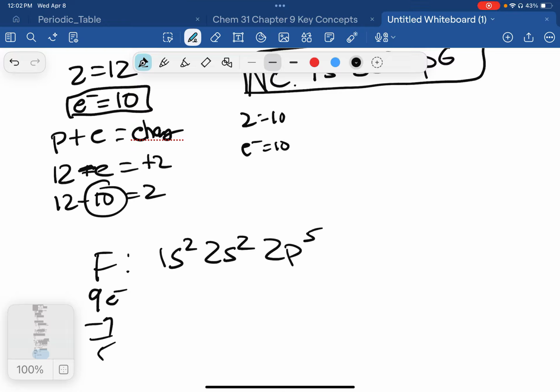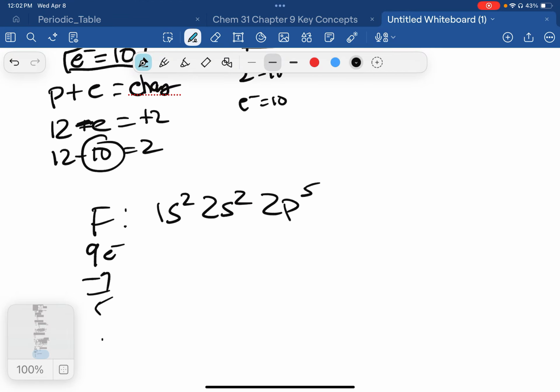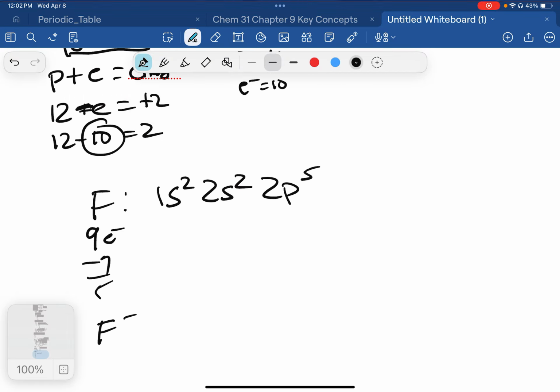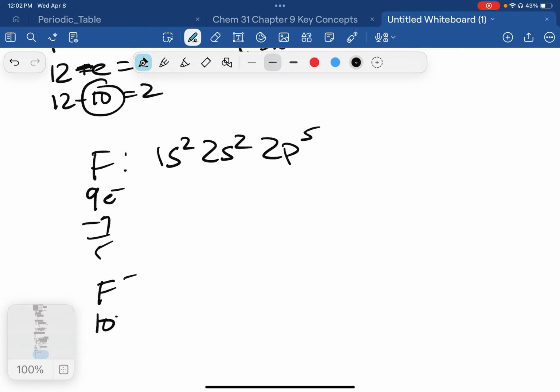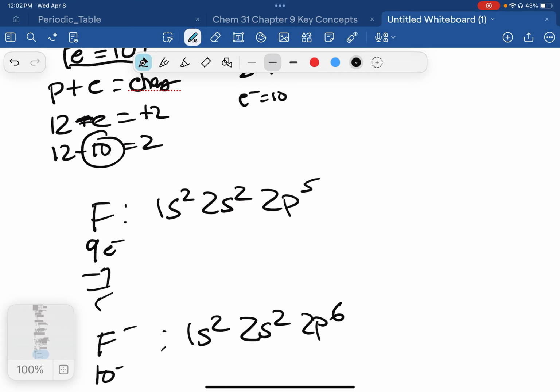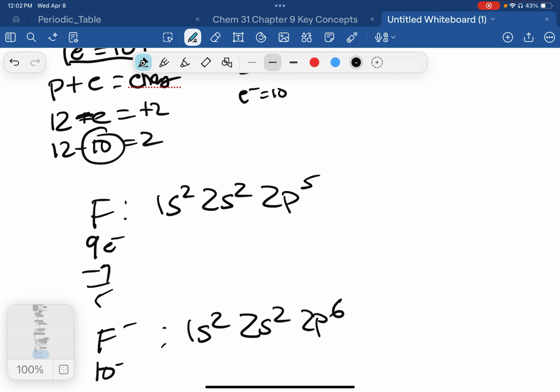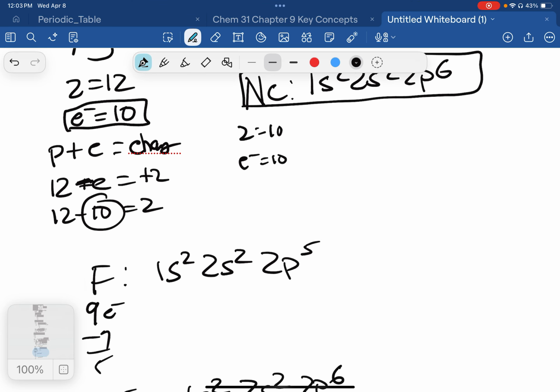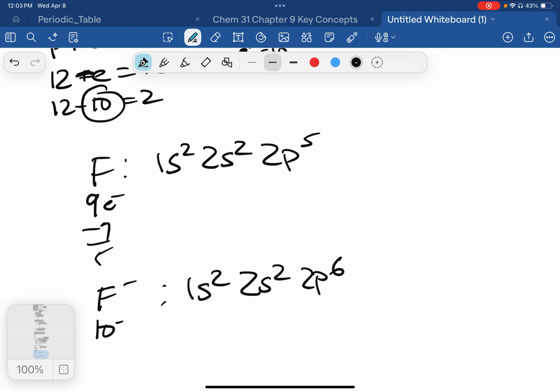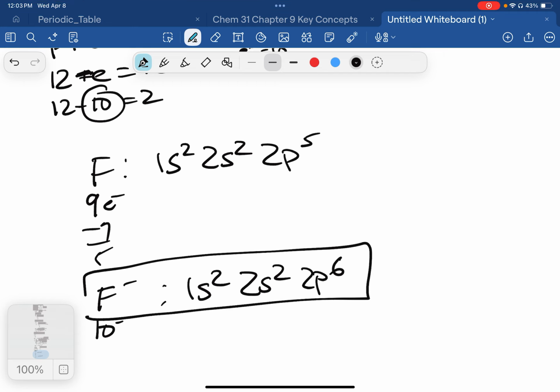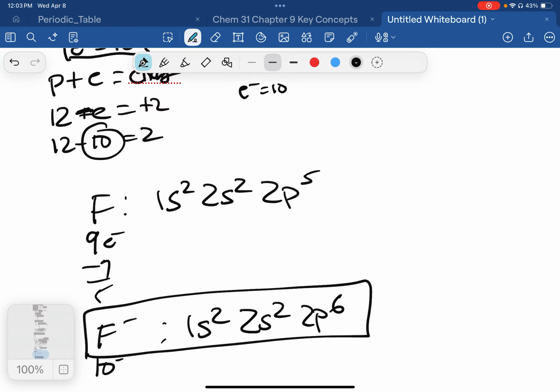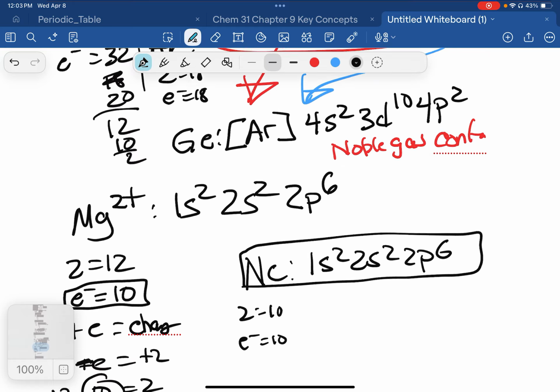So that is not full because it wants to be 6. But if you were to look at the fluorine ion, which has a -1, it now has 10 electrons, and it's going to have a noble gas configuration of 2p6, which again is the same as the neon electron configuration. And so the most stable ion is going to be the one where the electron configuration matches its nearest noble gas. So that's just something to think about and why that happens.